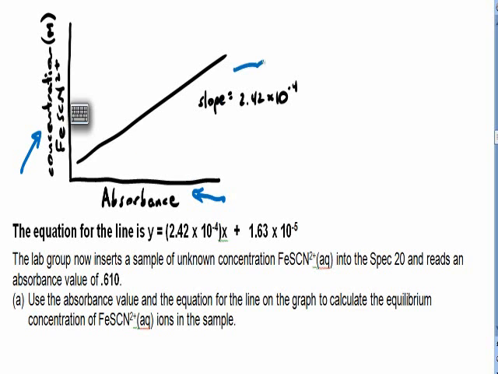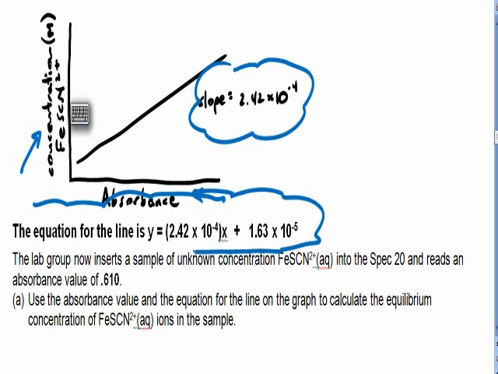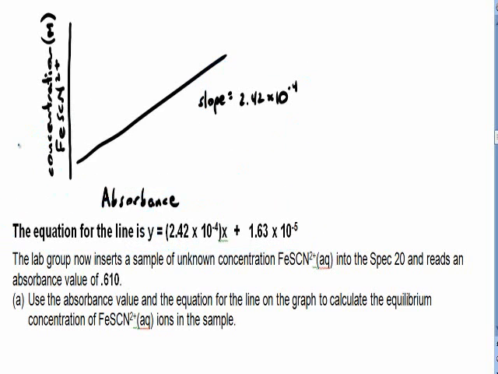This gave us the slope of this line, and also, more importantly, the equation for the line, which we can now use to solve for any concentration of our FeSCN. If we can measure our X value, which is the absorbance, we can now calculate the Y, which would be our concentration of the FeSCN 2+ ions.